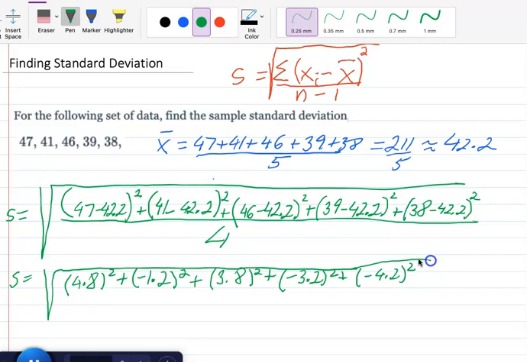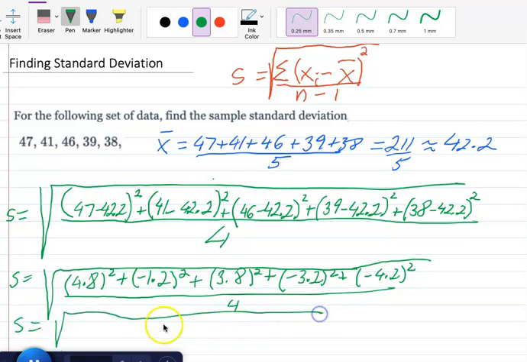So this is all under the square root, divided by 4. I really apologize about my handwriting. I don't have the best tablet to write on. So S equals, and now we are going to write the squared numbers. Let me see if I can lift this a little bit.